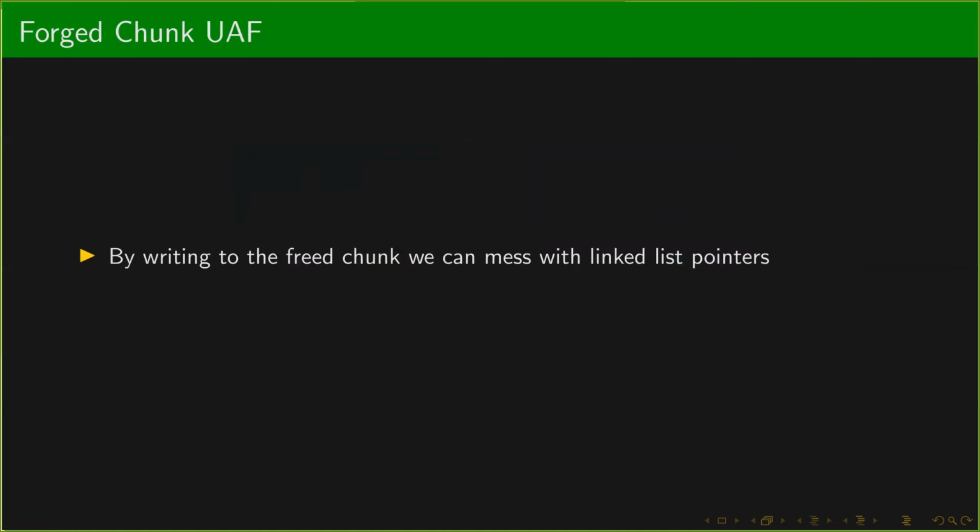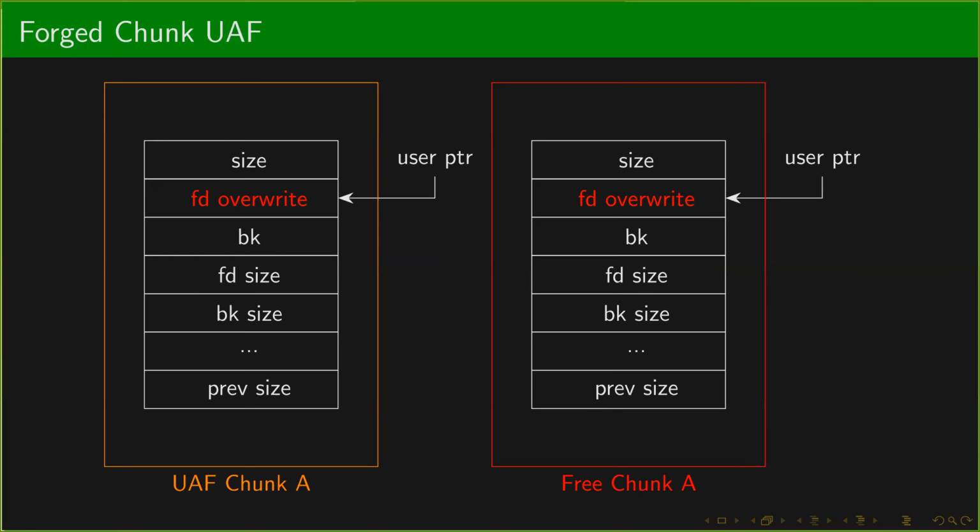So how do we forge a chunk into an arbitrary memory address? Notice that by writing to the free chunk, we can mess with the linked list pointers. If we have our UAF chunk on the left here, and we're able to write into this chunk as if it's still a valid allocation, when we write to the first 8 bytes of this chunk, we're actually going to overwrite the forward pointer.